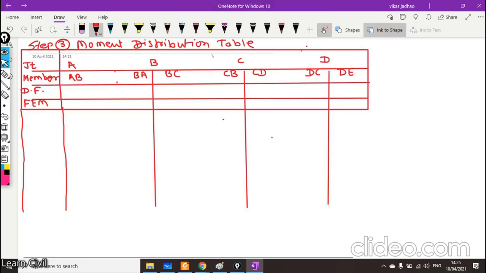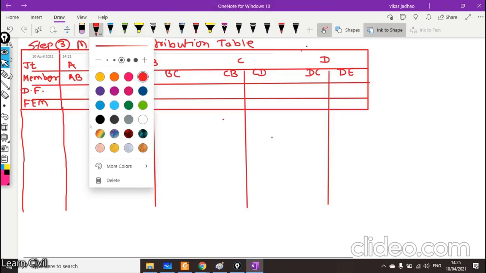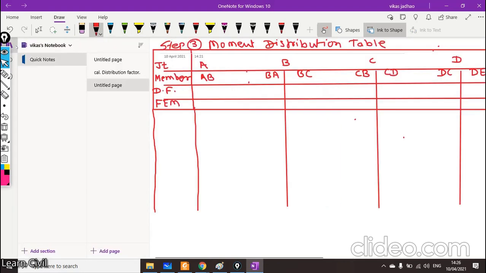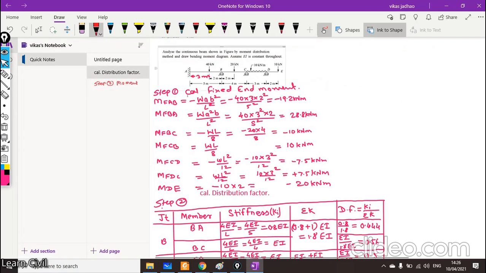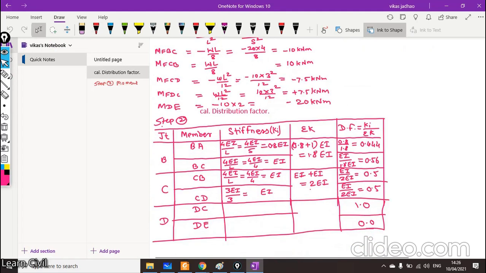Okay, and this is how the distribution table is prepared, and we will be providing the values of the different distribution factors. Now for this joint B, the distribution factor for BA is 0.4, and for BC it is 0.56.